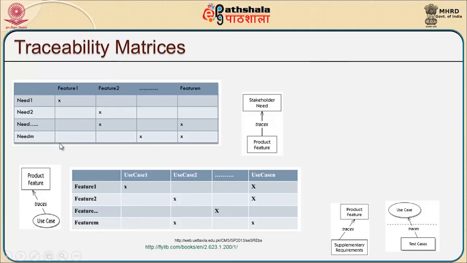Likewise, I can come up with a matrix which says the product features trace the stakeholders' needs. In the other case, after plotting the use cases, that is the output, this output is traceable from the product, where use cases are plotted and features are listed. We look at these two cases.